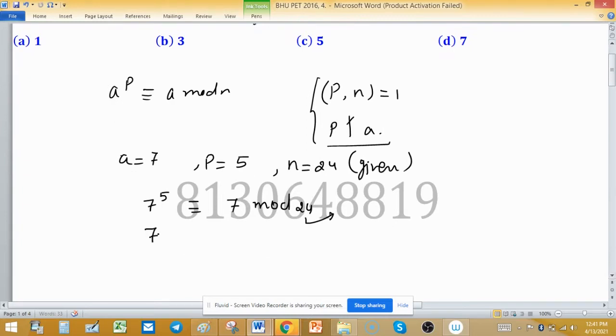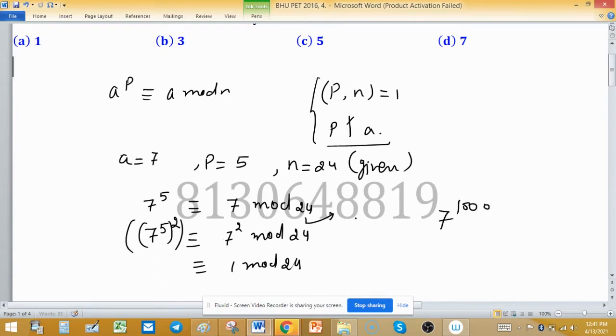It means that 7 raised to the power 5, whole squared, is congruent to 7 squared mod 24, and this is equivalent to 1 mod 24. Now you got 1, so for any power you always get 1. So 5 times 2 is 10 and we need 7 raised to the power 1000.